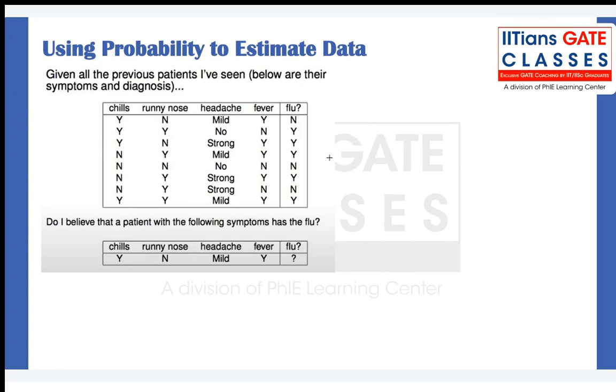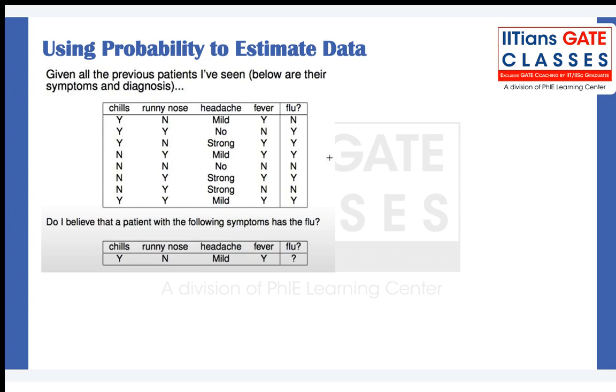Given all the previous patients I have seen, below are the symptoms and diagnosis. Whether the person has chills, yes or no. Whether they have a runny nose, yes or no. Whether they have a headache, mild, strong or no. Whether they have fever, yes or no. Whether the person has flu. If I ask you whether the patient with these symptoms has flu or not, how will you model this?